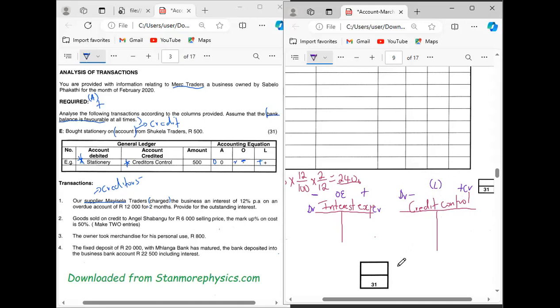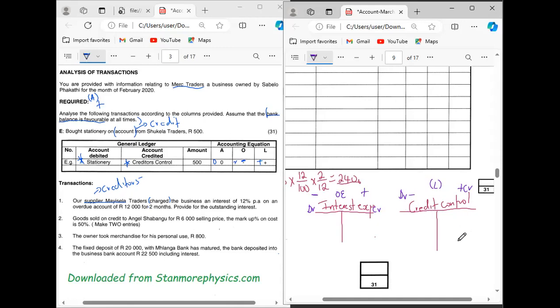So now let's start. Our suppliers, our creditors, are charging us an extra amount, which is an interest on overdue because we are not paying on time. They are charging us 240. Will our liabilities increase or decrease?